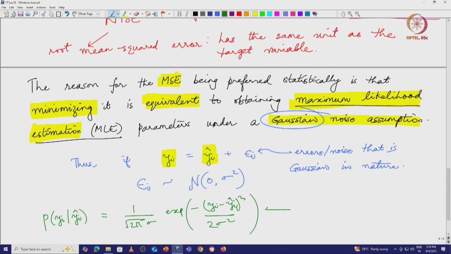And this, you must remember, is the normal or the Gaussian probability density function, PDF.